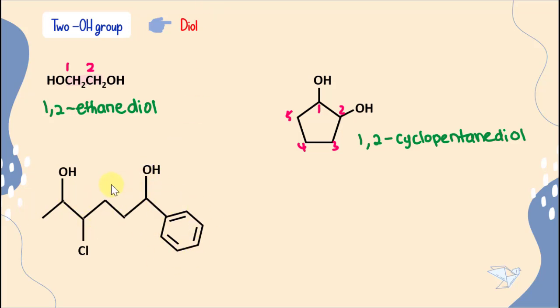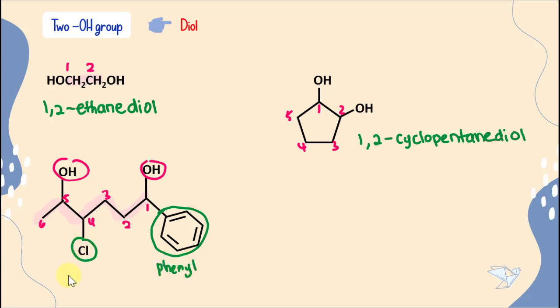For this compound, since the OH group is attached to the open chain, not attached to our benzene, it is not a phenol. This is the longest carbon chain, and the position of the OH group is closest to this carbon, so this carbon will become our first carbon, second, third, fourth, fifth and sixth. We have 2 substituents. When benzene becomes a substituent, as we learned in chapter 6, its name is phenyl. Chlorine as a substituent is chloro.